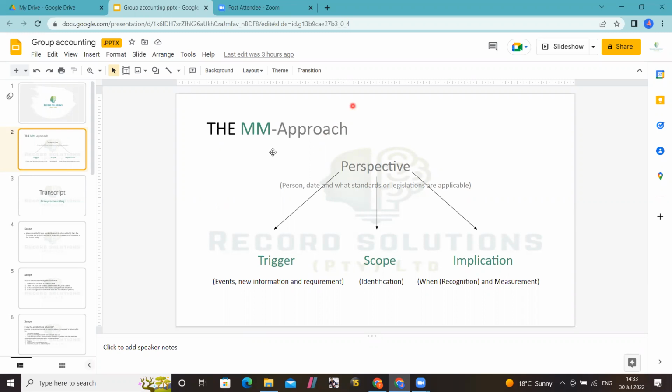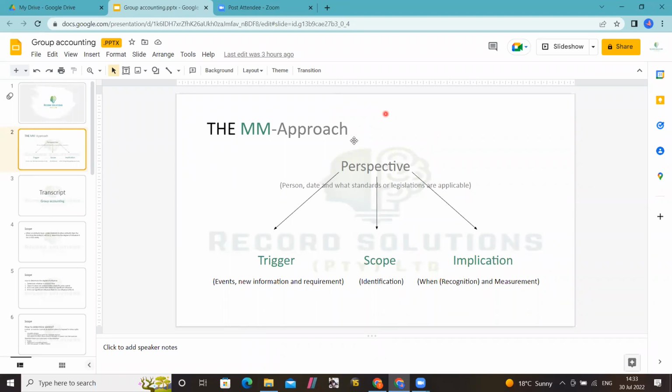If you see an entity buying an interest from that business, then you know that's the trigger. Today we are also going to dive deep into the scope, so whether we are going to account for it via control, joint control, or significant influence. And after we've determined the scope, we're going to do the implication.